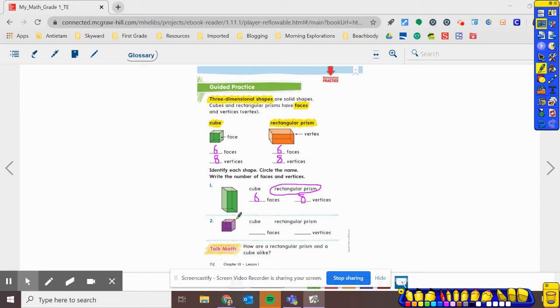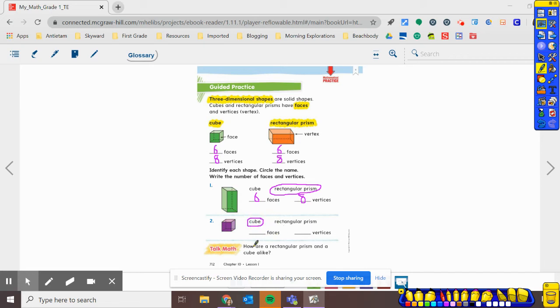All right, number 2, what shape is this? Is it a cube or rectangular prism? Go ahead and circle whatever you think. All right, so if it was me, I'm looking at this shape and I'm seeing, oh, that's a square, and all of these are also squares, so that must mean this is a cube.